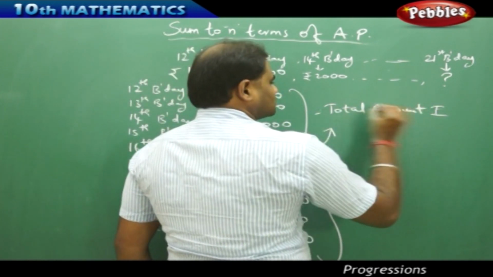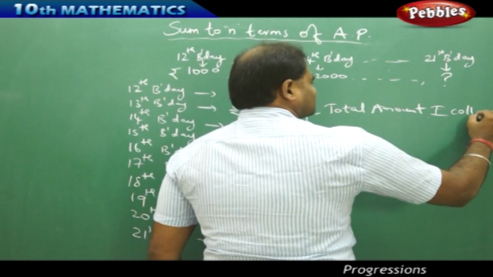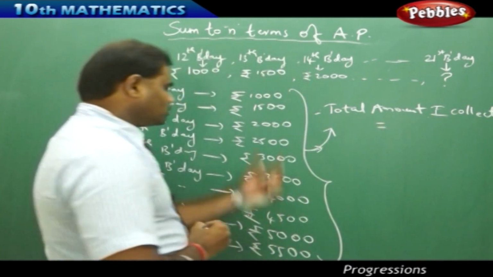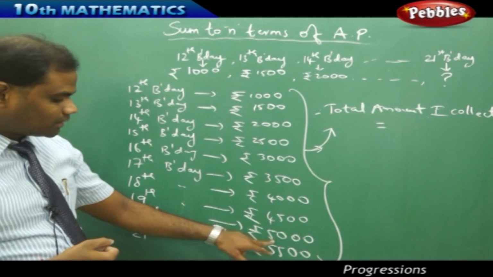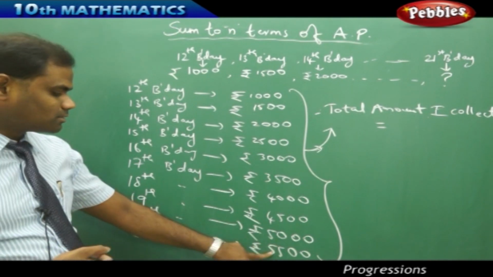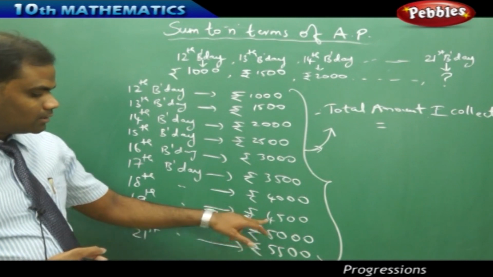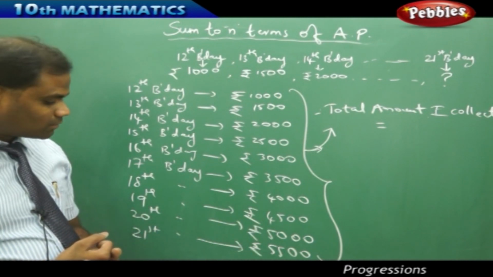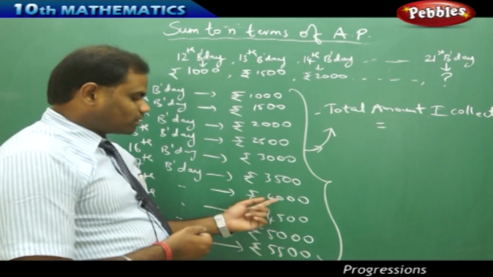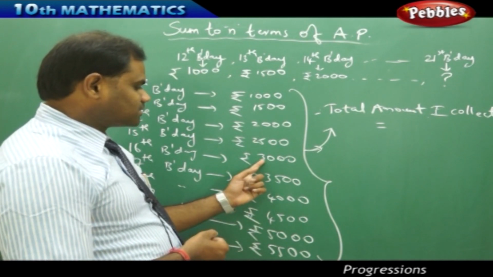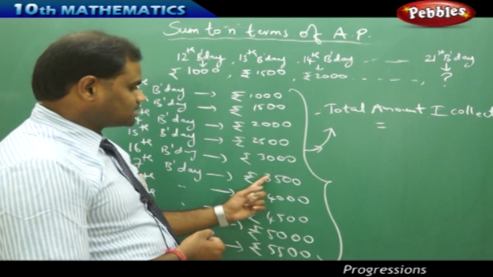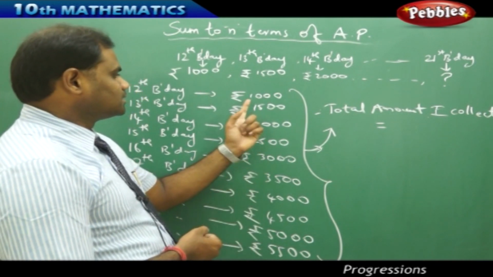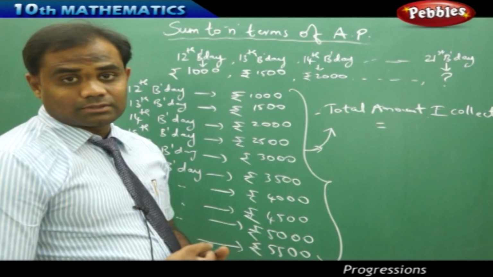The total amount I collect will be equal to each of the amounts added. So when I start adding, 5000 plus 5500 is 10,500, plus 4,500 is 15,000, and continuing the addition, I get 32,500.